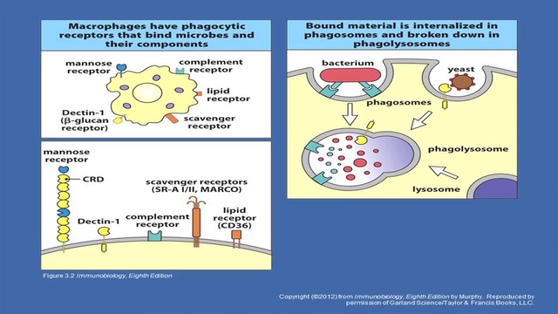The lipid receptor, not all antigens are protein, and we can actually generate antibodies to lipids using some alternative antigen-presenting pathway. Scavenger receptor speaks for itself, and I'll come back to Dectin in a subsequent talk when we talk about defense against fungi.